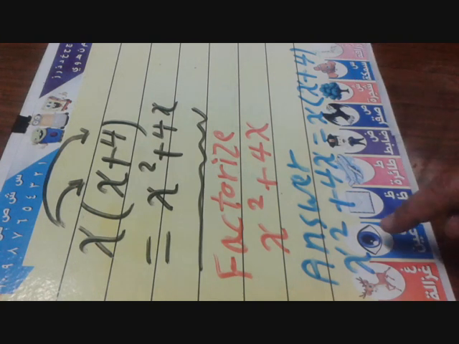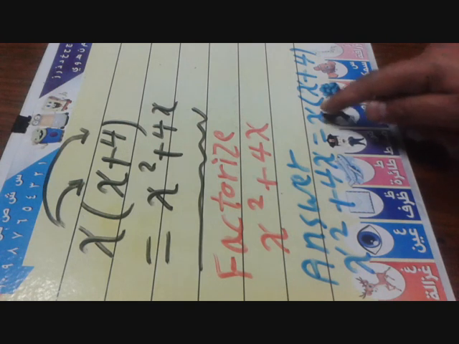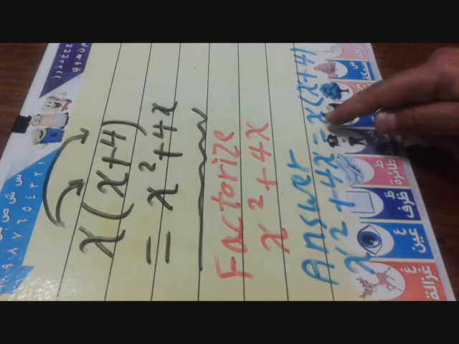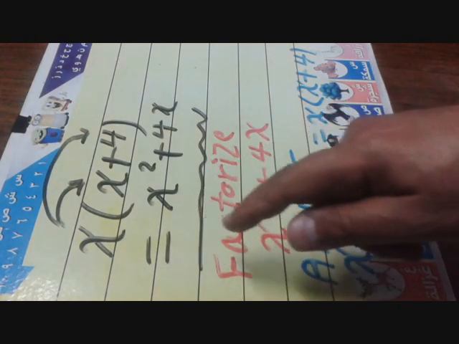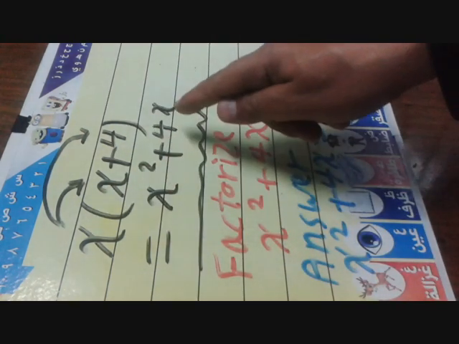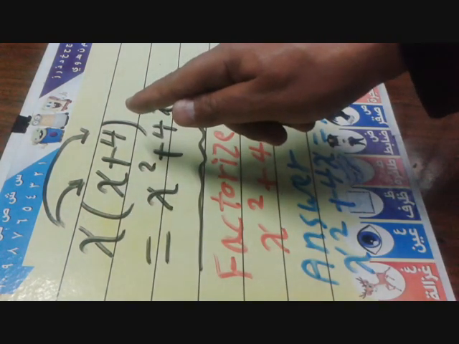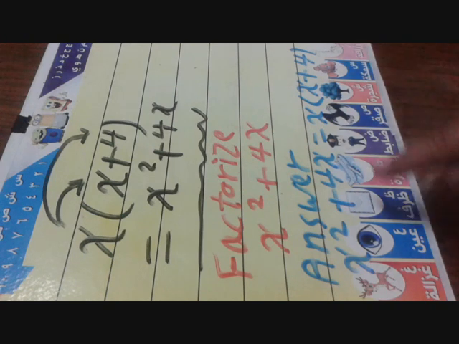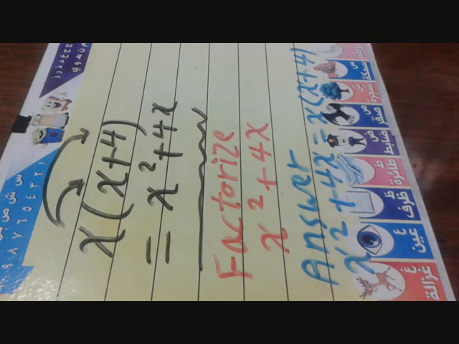When we divide x squared by x, the quotient is x. When we divide 4x by x, the quotient is 4. According to this equals this, therefore this also equals this. As we see now, x squared plus 4x equals x times x plus 4.